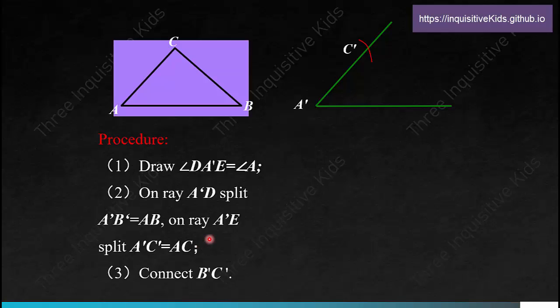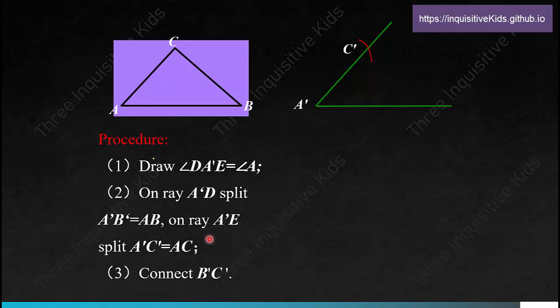With our compass, we're going to draw an arc from A prime with the length of AC. So we take our compass, it's this tool right here. Take the same distance from here and place it over here, and we'll make this arc right here.